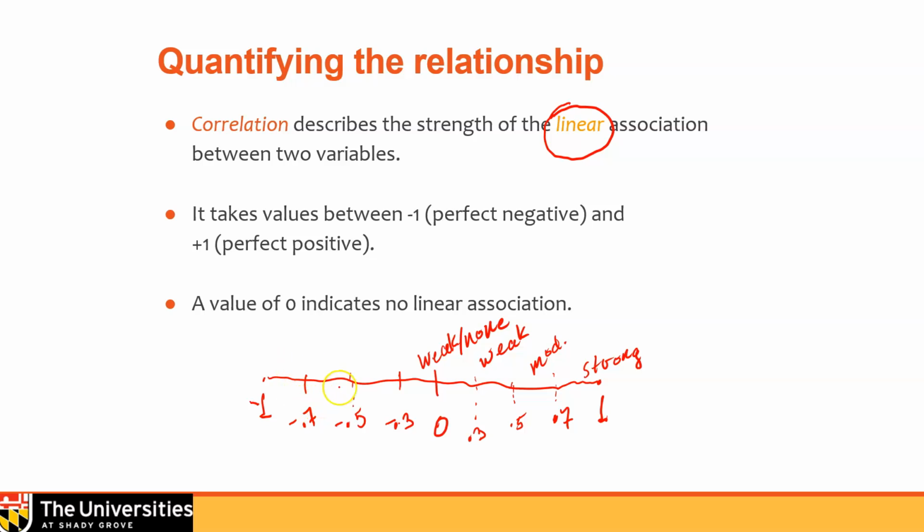It's kind of borderline. If you are talking about 0.5, we're talking about something that's kind of moderate, and we're moving more towards the weak side, right? 0.6, we would have a moderate negative association here, a moderate positive association. Okay, so once again, that should sound familiar to you.